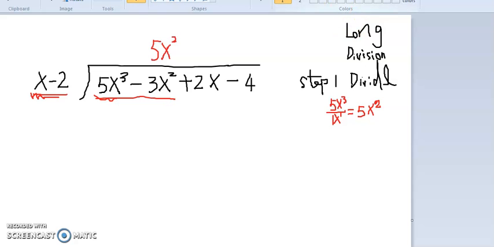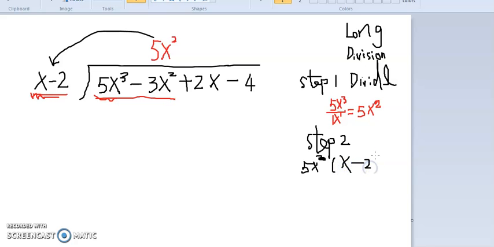Now in step 2, we're going to do multiplication. So we take 5x squared, which we got from step 1, and multiply by the divisor x minus 2. So take 5x squared, the one on the front, times x minus 2. When we do this, we have to use the distributive property. 5x squared times x gives us 5x cubed, because x squared times x is x to the third.